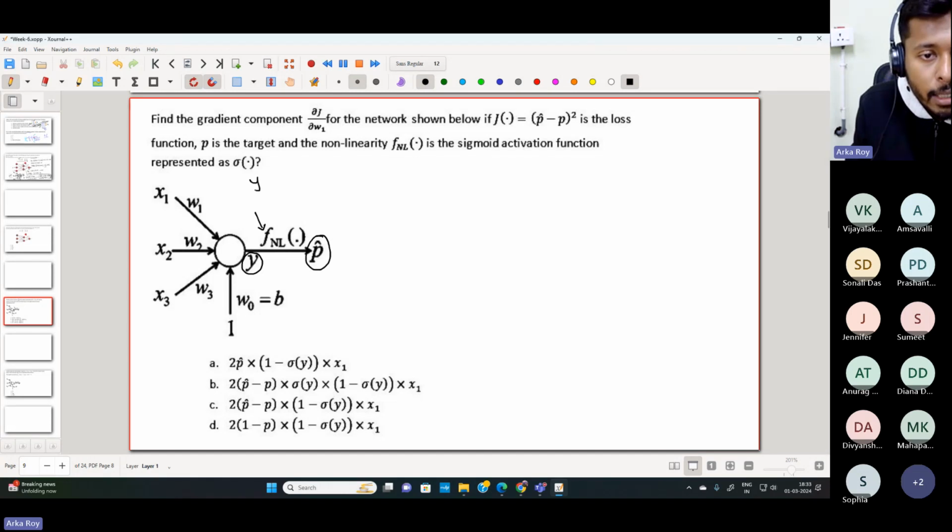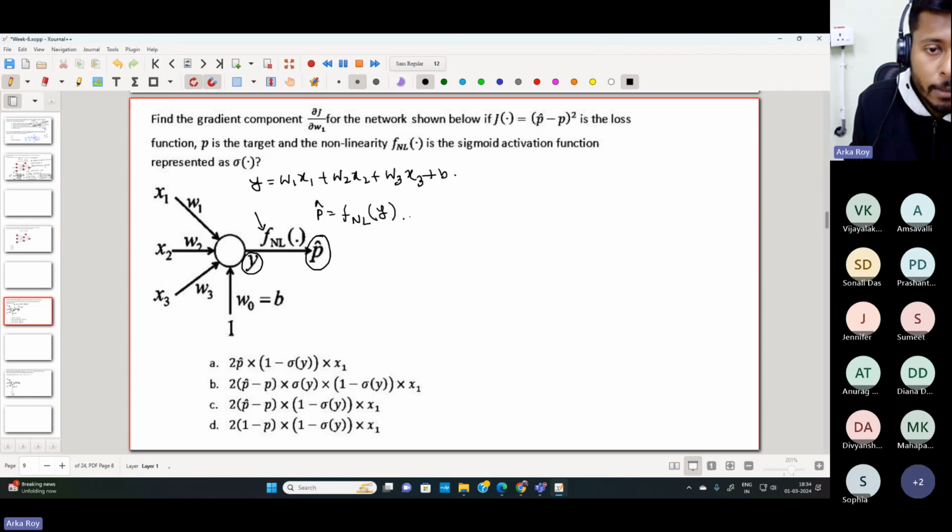So I can write y equals w1 x1 plus w2 x2 plus w3 x3 plus 1 into b, that is the contribution of bias, and p hat will be generated after you apply the nonlinear activation.